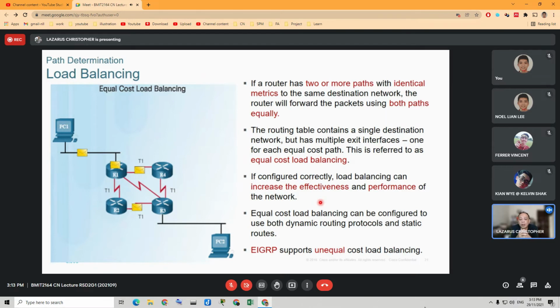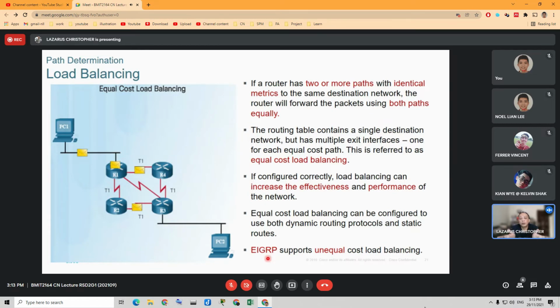For equal cost load balancing to work, both paths must be balanced, with equal metrics. But as you can see, the third protocol, EIGRP, can be configured to use unequal cost load balancing. So even if they are not equal, it will still support using those paths. If you have two paths, the load is divided into two.